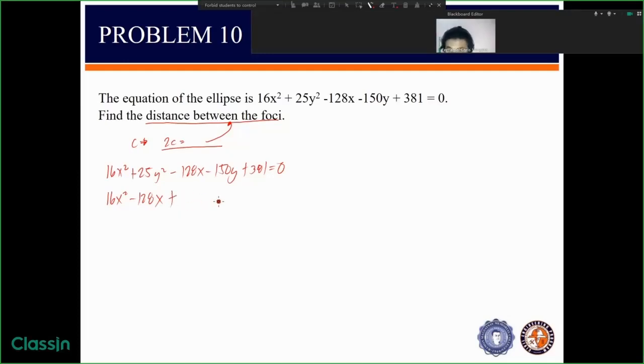Plus, I'll leave a space here, and add the variable y terms: we have 25y squared minus 150y equal to negative 381. Okay. So here, I will put 128 squared over 4 times 16. And here, to complete the square, to make it a perfect square, we have 150 squared over 4 times 25.